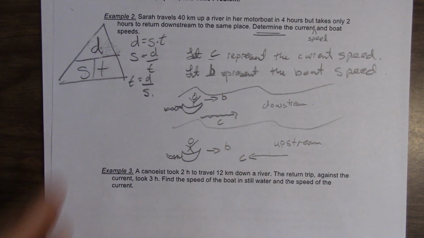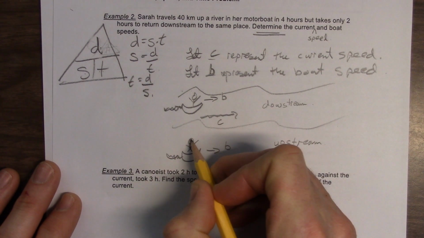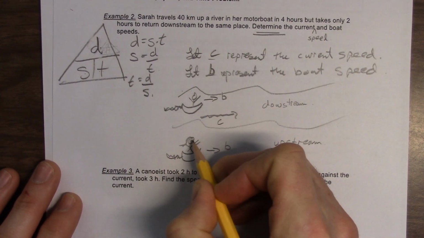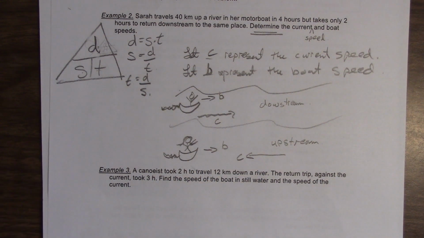Because you have to subtract the current that's running against him or her. Okay? Let's make this a her. She's traveling upstream, he's going downstream. Any questions about that drawing?